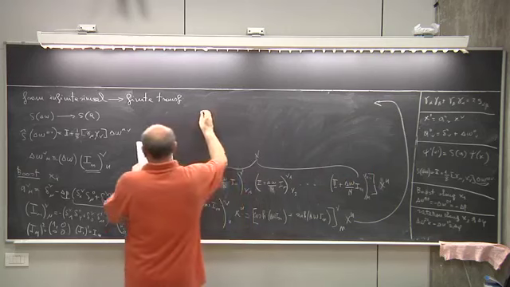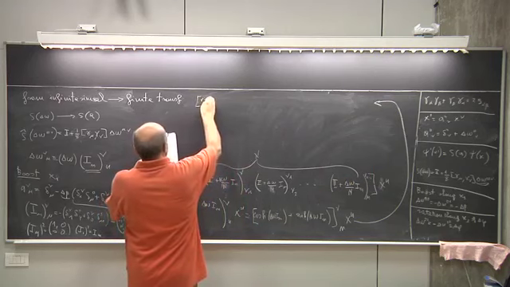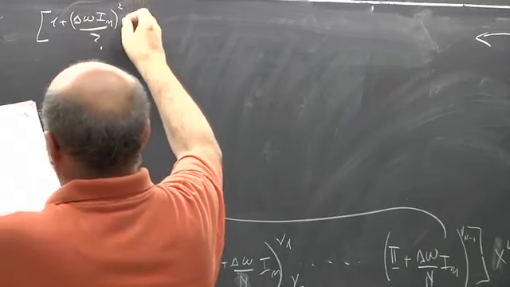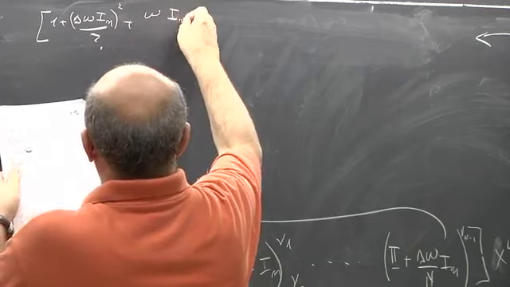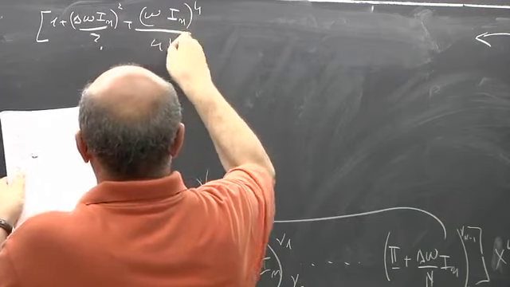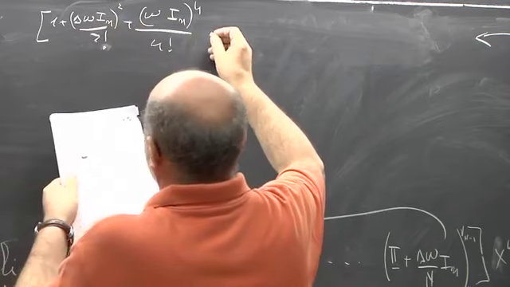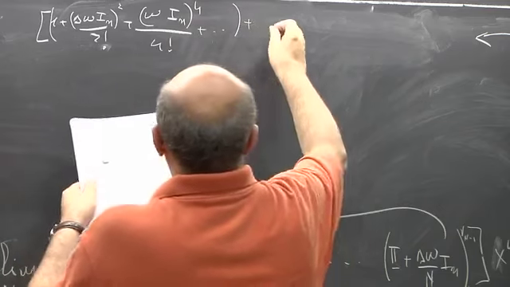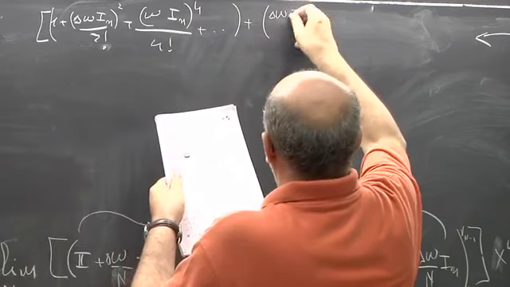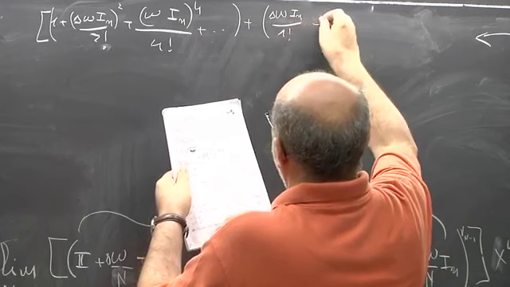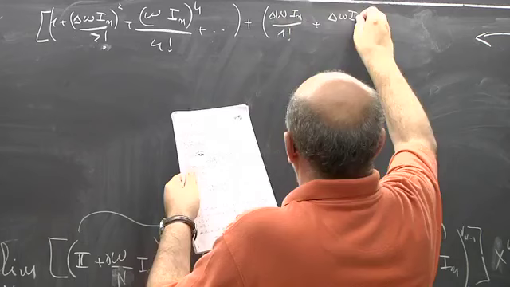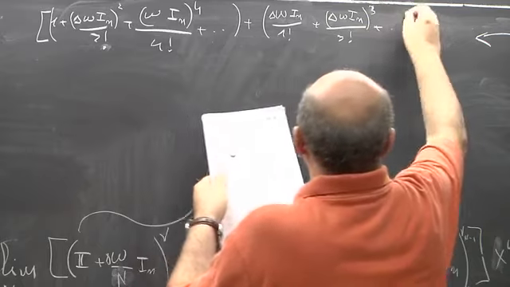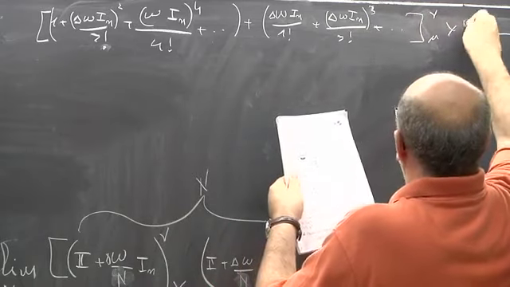Then if you do, you get the following things: 1 plus delta omega In over 2 factorial squared. This is for the cosine hyperbolic, and so on, plus, and then you have the sine hyperbolic, delta omega In, 1 plus delta omega In cube over 3 factorial plus, and so on, ni mu x mu.